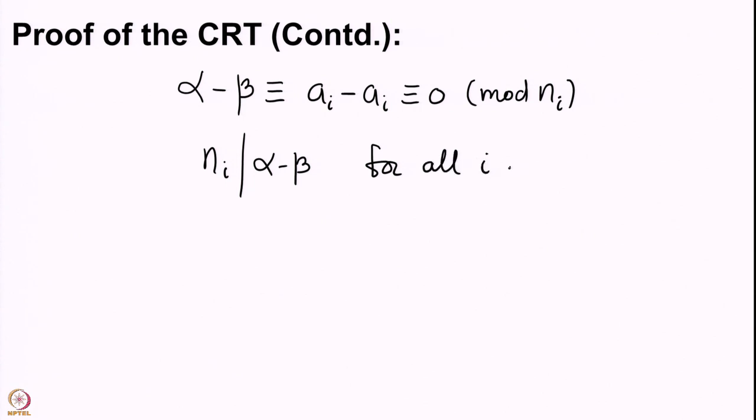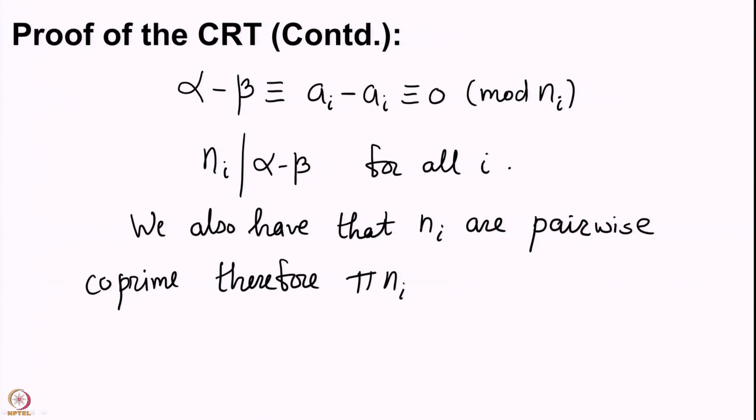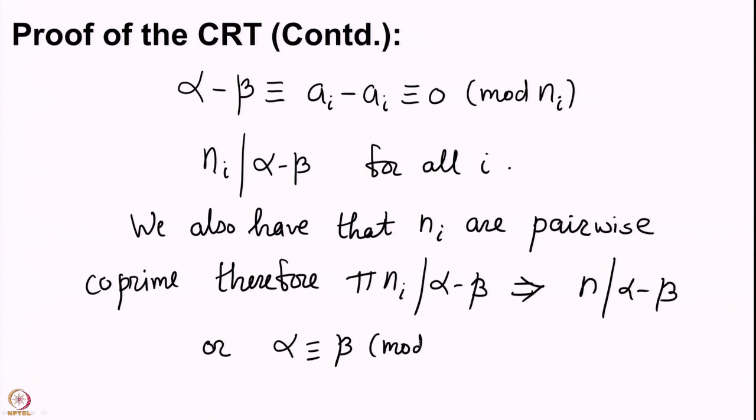But if ni divides alpha minus beta and we also have that the ni are pairwise coprime, therefore, the product ni is going to divide alpha minus beta, which says that n divides alpha minus beta, or that we have alpha congruent to beta modulo n.